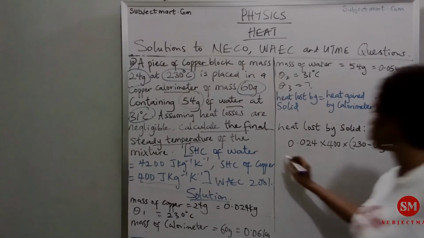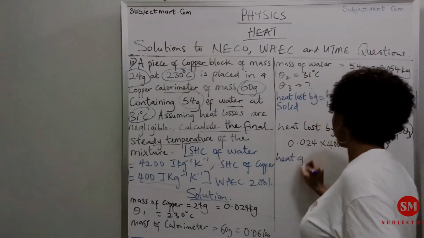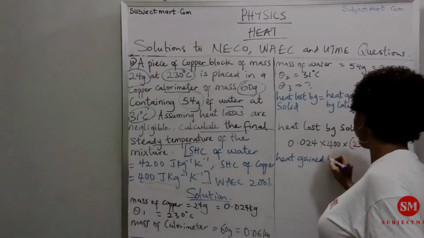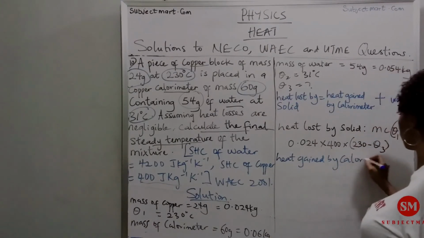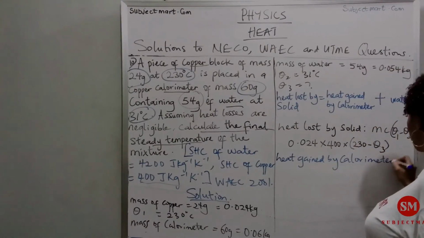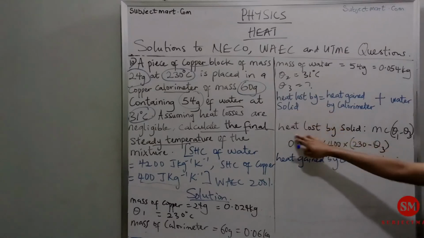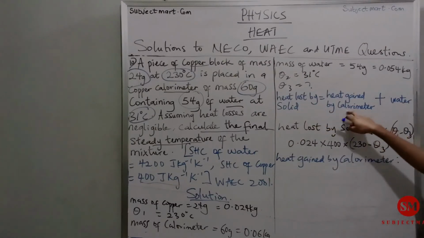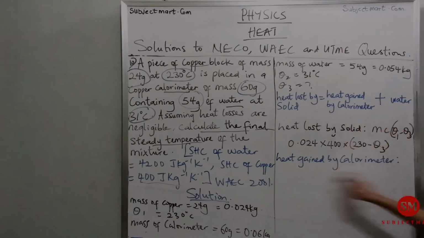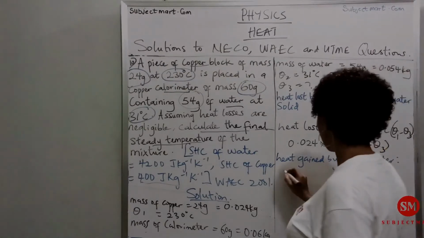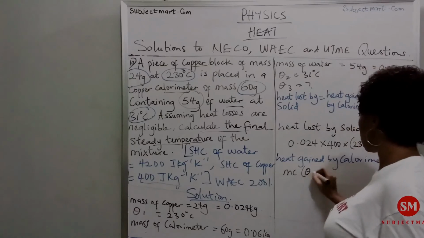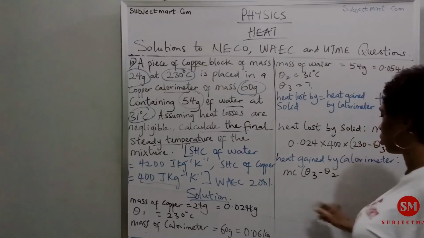We move on to heat gained by the calorimeter. We've done this. Here it is. So we are moving on to heat gained by the calorimeter, which is this. And that's also MC theta 3 minus theta 2.